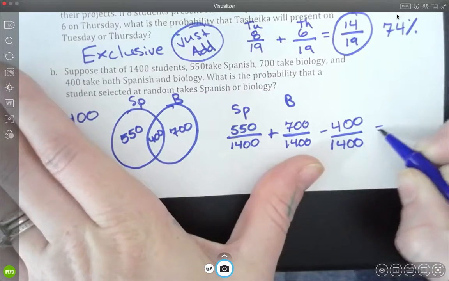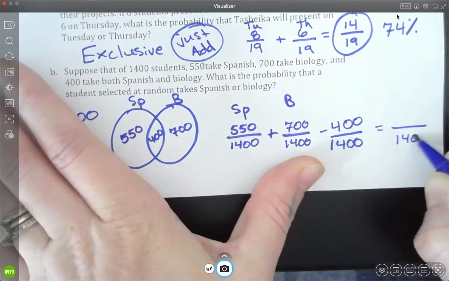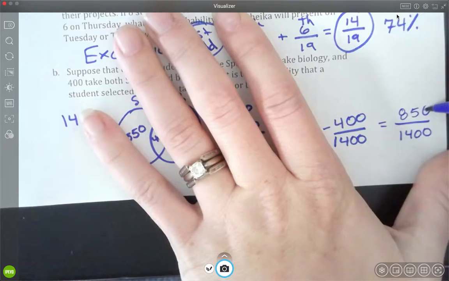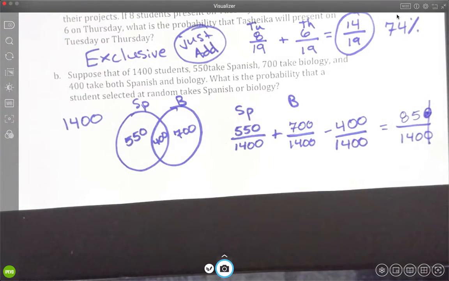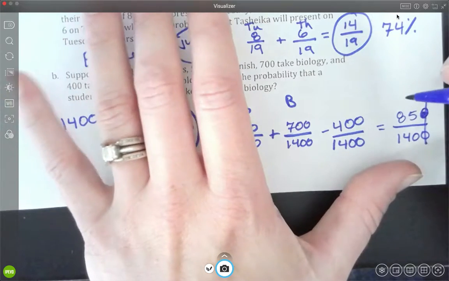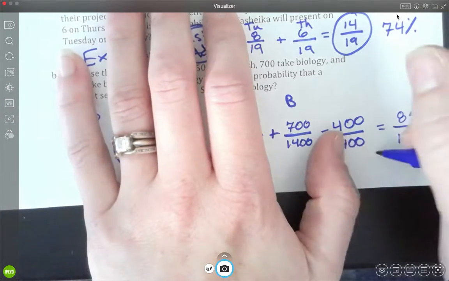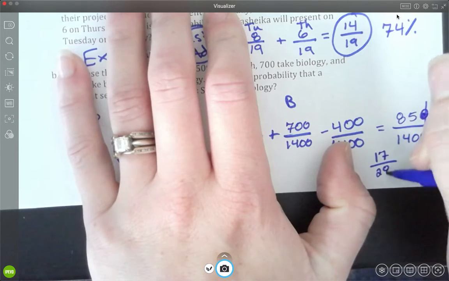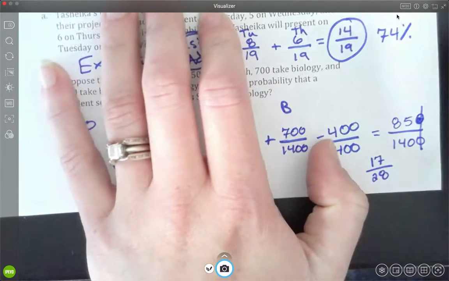My bottom number is going to be 1,400. 850. Okay, now do this. Lop off a 0. 85 divided by 140. You can reduce that by 5 at least. That is going to be 17 over 28 as a reduced number.